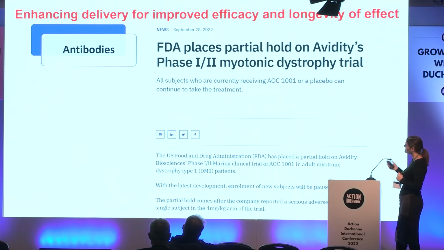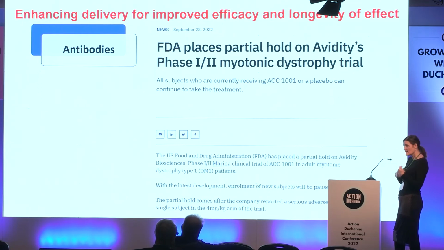So just to give context, Avidity also have a trial for another muscular dystrophy called myotonic dystrophy. It's the same antibody delivering the antisense for the target there. And for any clinical trial, you'll hear about holds being put on clinical trials. When they start a clinical trial, they will write the protocol to cover what they expect to see in terms of any adverse events to deal with them.